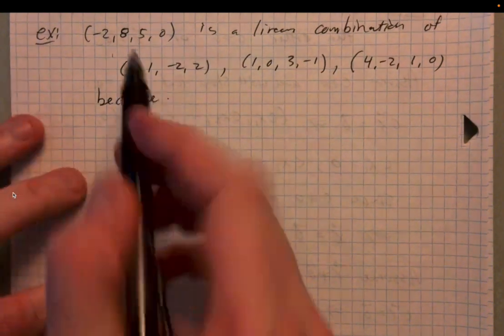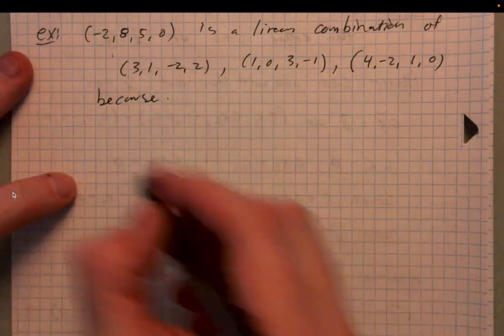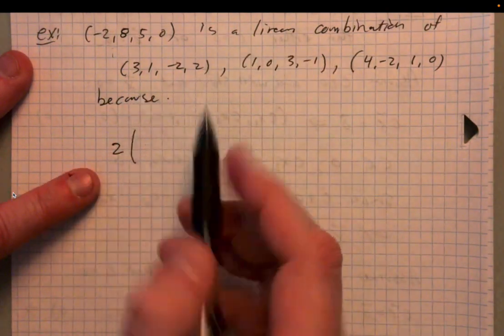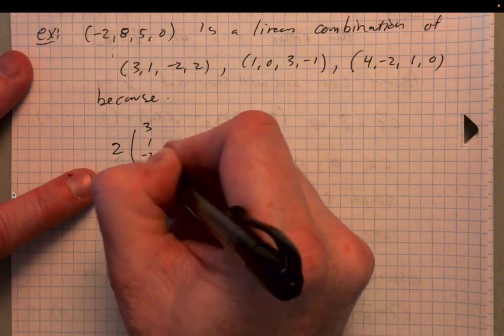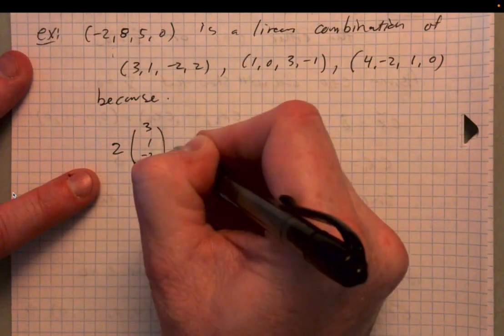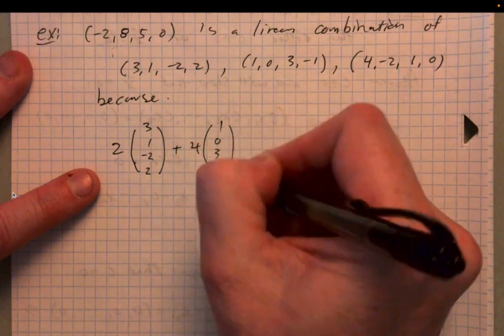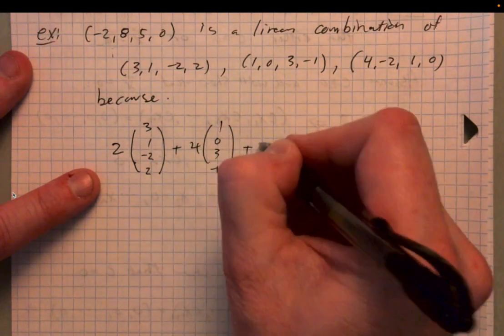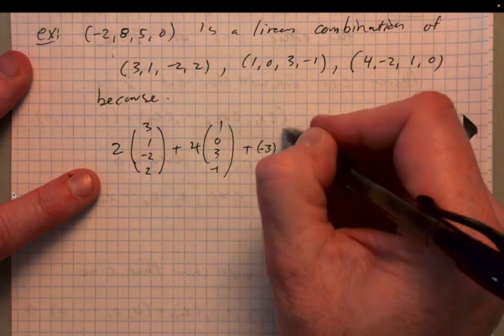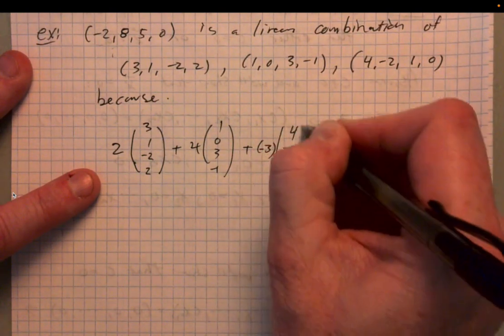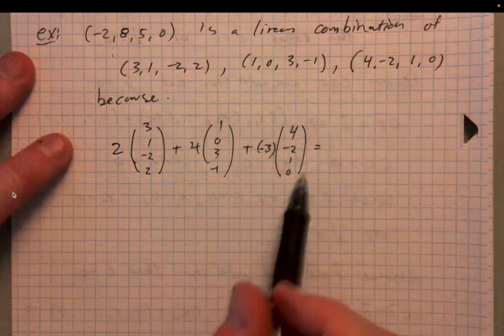In particular, I can use 2 times the first one, (3, 1, -2, 2), plus 4 times the second one, (1, 0, 3, -1), plus -3 times this third one, (4, -2, 1, 0). What do I get when I do it?